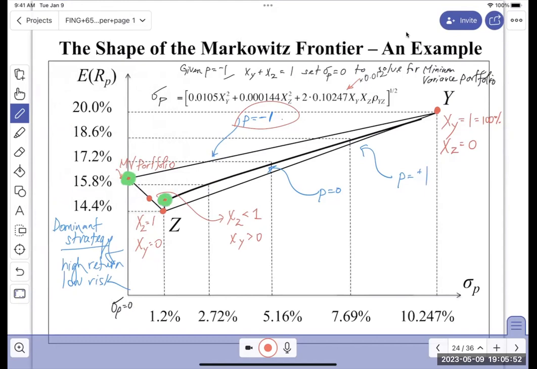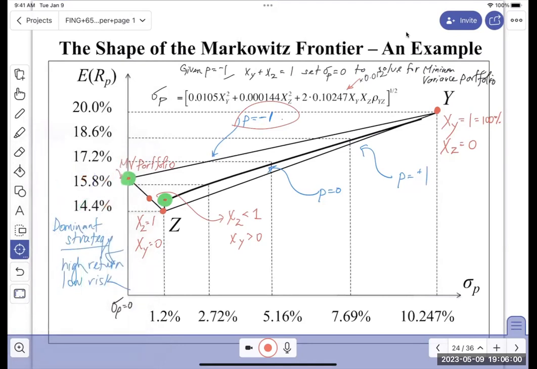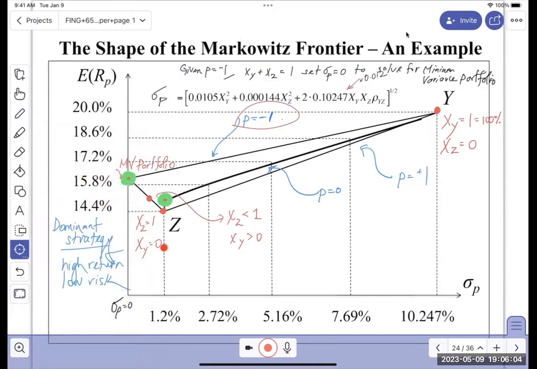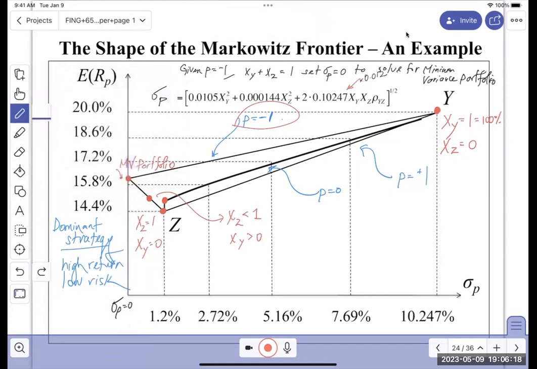That's the minimum variance portfolio there. This is not a minimum variance portfolio, but it has the same variance or standard deviation, and with a little bit of Y you're increasing return. So none of the assets between there and there will exist.